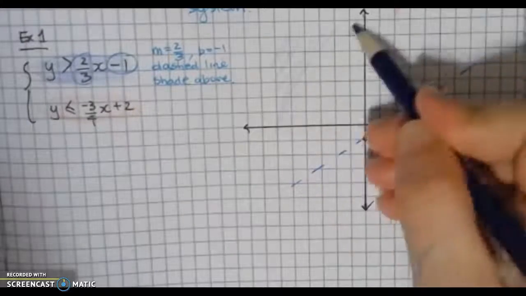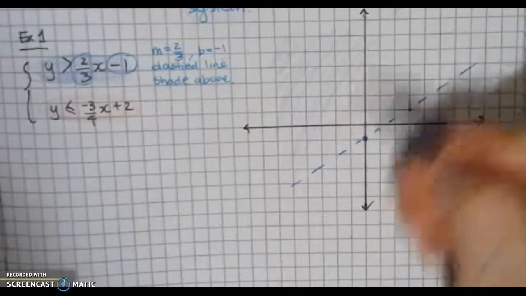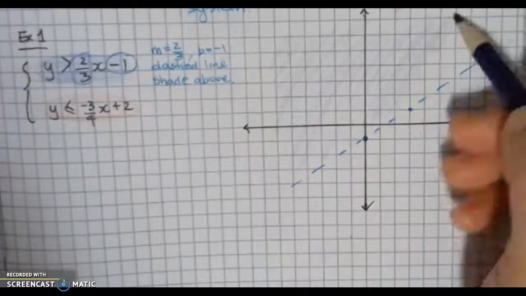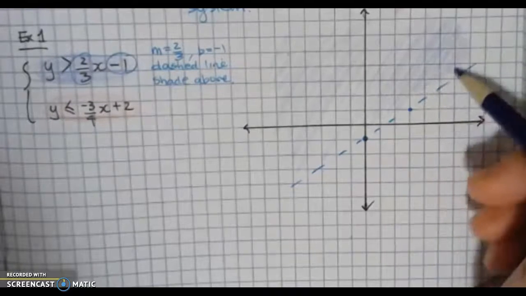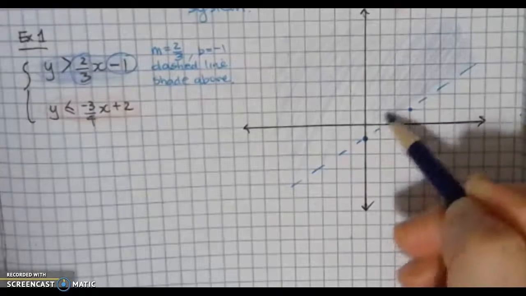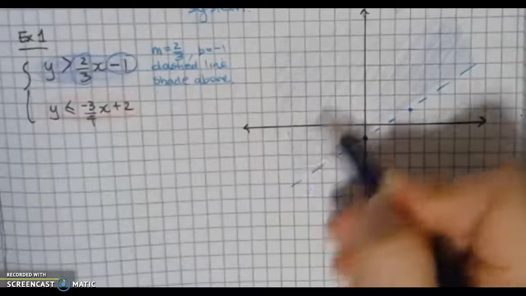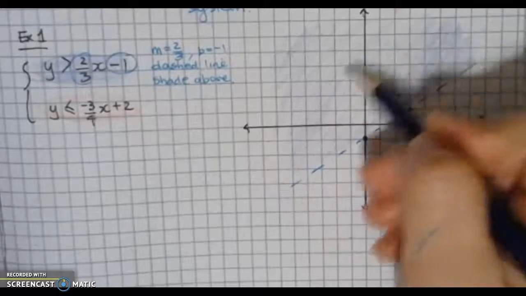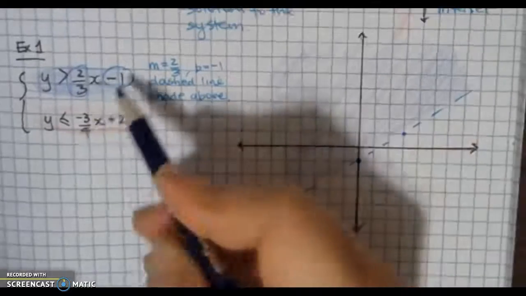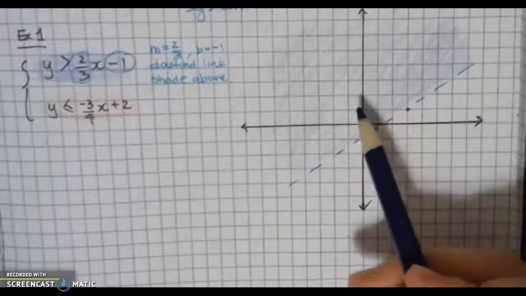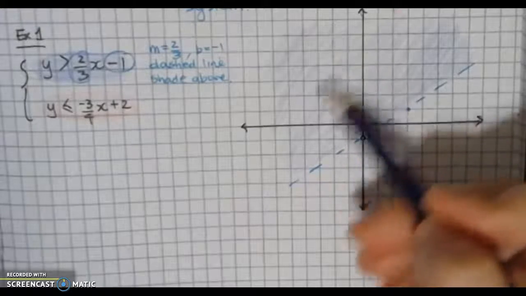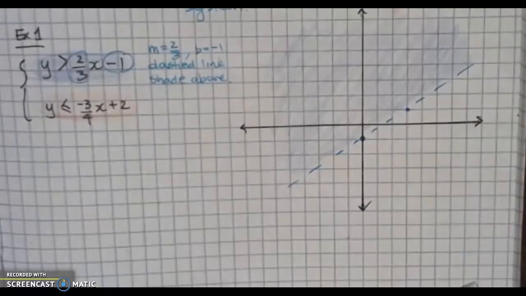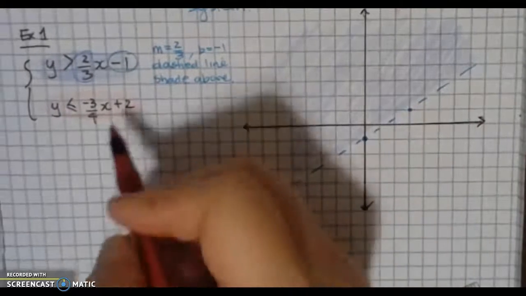The area that I am shading is the xy combinations that make the blue inequality true. If I substituted any point in this blue shaded area into the blue inequality, it's going to come out as being true.